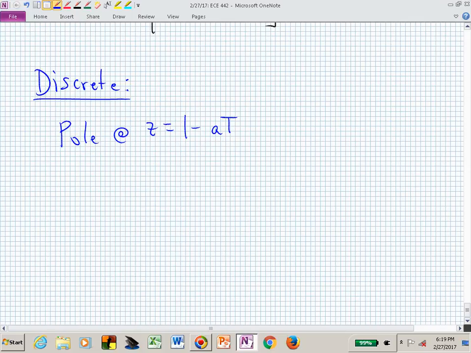And capital T would be something to give us a reasonable value. It might be, what, 30 times that bandwidth. The T would be based on that.